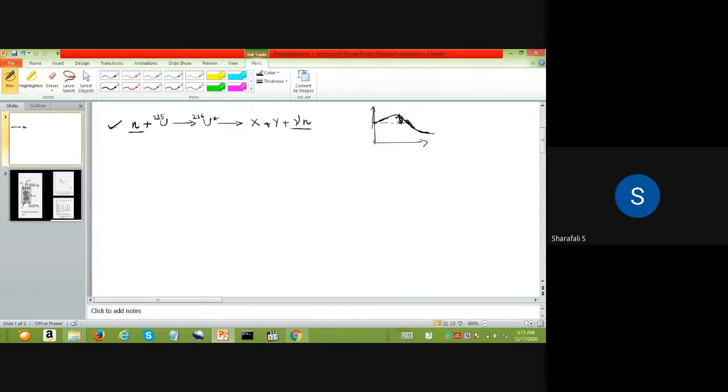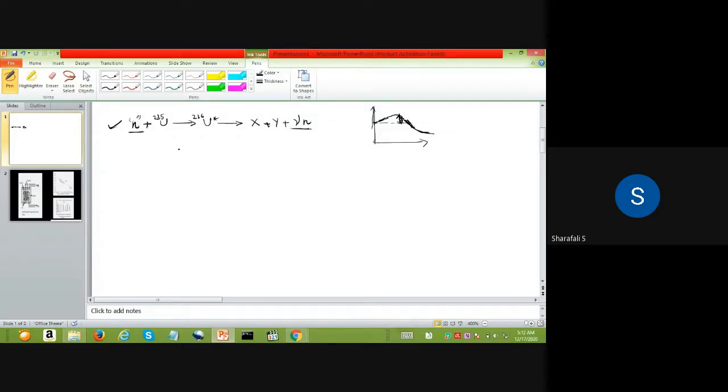So conventionally we can say that if the neutron has more energy, then the probability of fission will be higher. That is the theoretical or conventional way of thinking, but experimentally, when you calculate that probability, this is not the case.